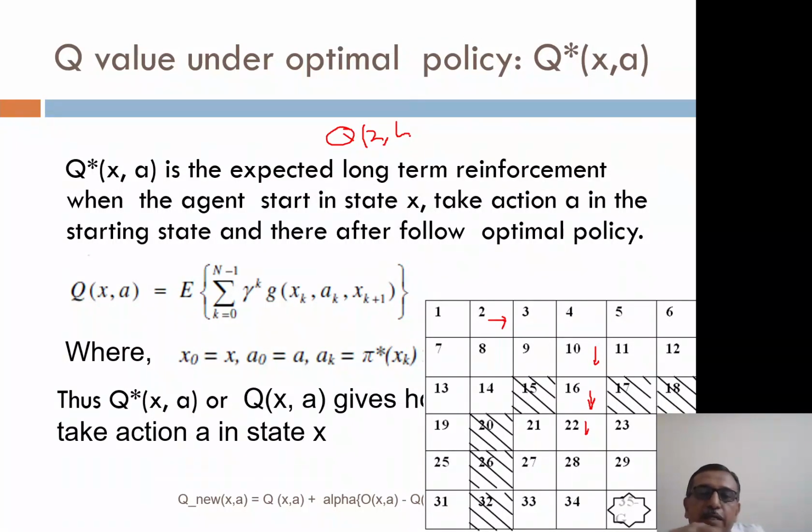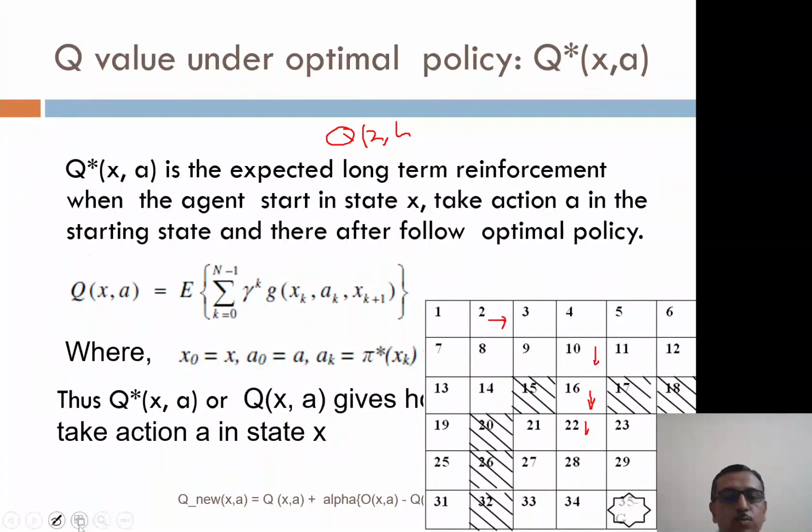According to this definition, what is it? You are in 2, you take the left action. When you take the left action, you move to cell number 1. Thereafter you follow the optimal policy. From cell number 1, what is the optimal policy? Go right. So let us count it.